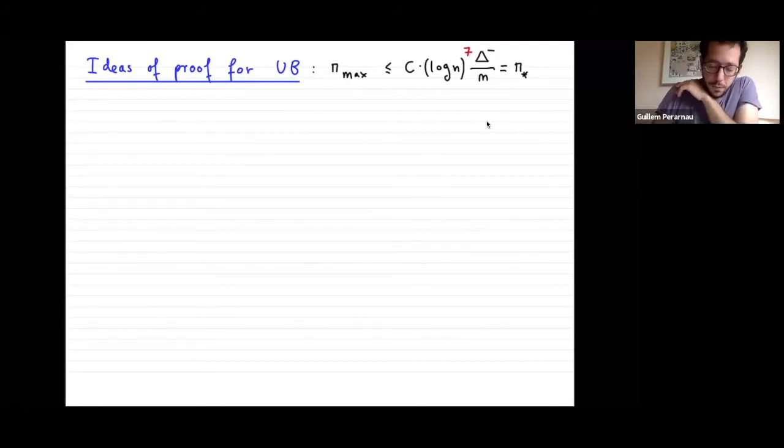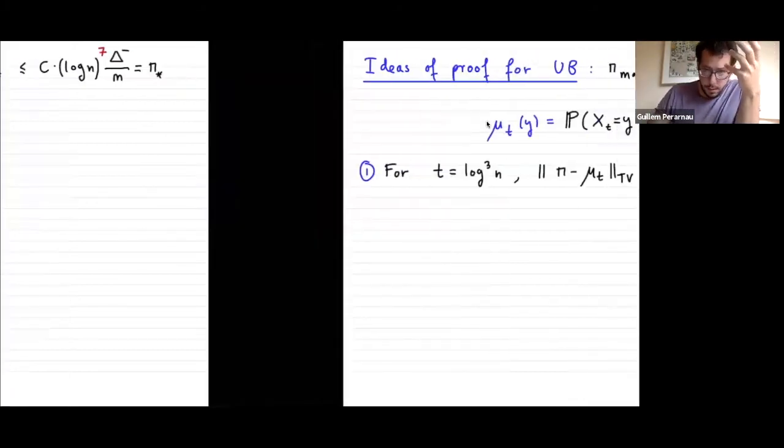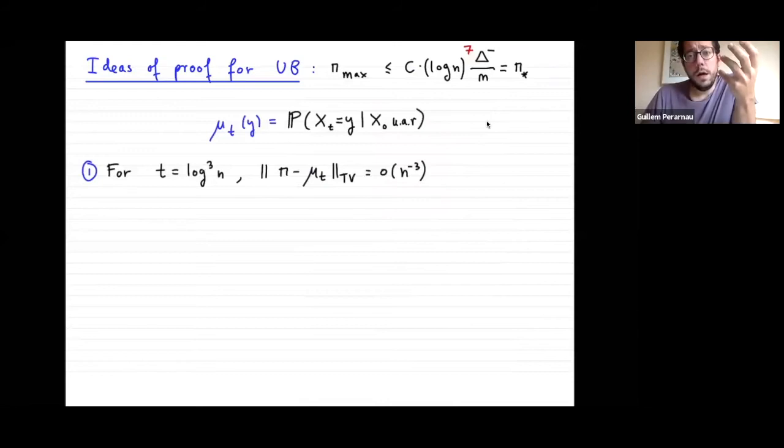Let me say that I'm just going to prove that pi max is at most this thing, where instead of a 1, which in general I would like to prove, I'll put a 7. And then you can do improvements and really turn the 7 into 1. But hopefully the idea of the proof is the same. So the first thing I'm going to do is, instead of looking for pi, look for a new proxy distribution.